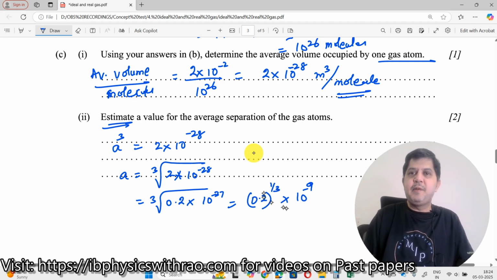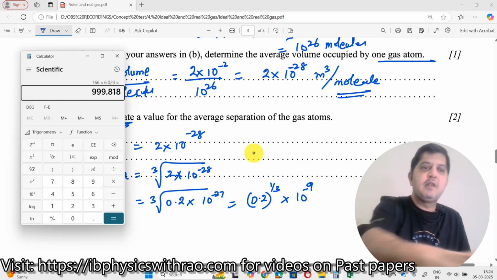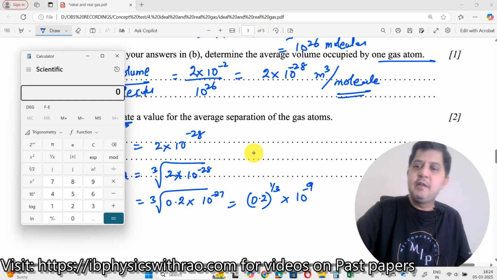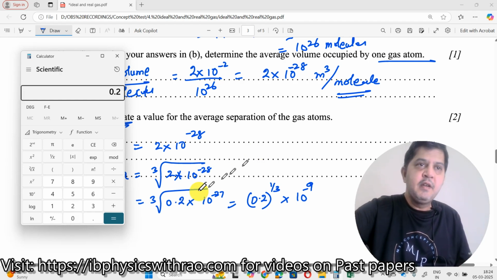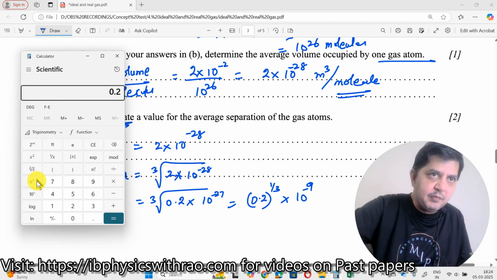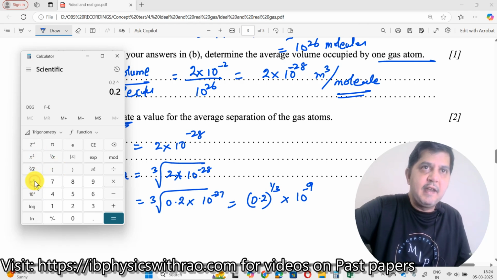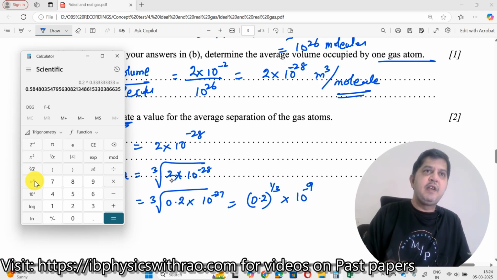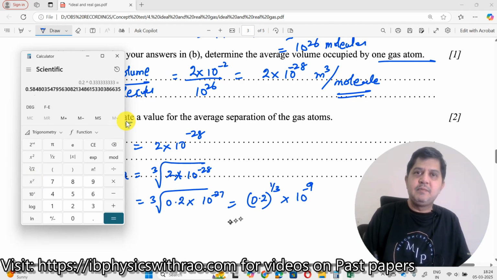Now it's easy for me to calculate this value. Cube root means 10 to the power x to the power y to the power of 1 by 3. 1 by 3 is 0.333333. When I do this, I get the answer 0.584.